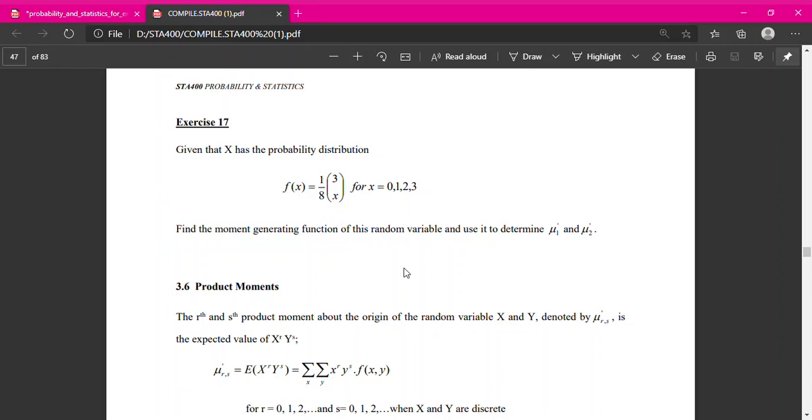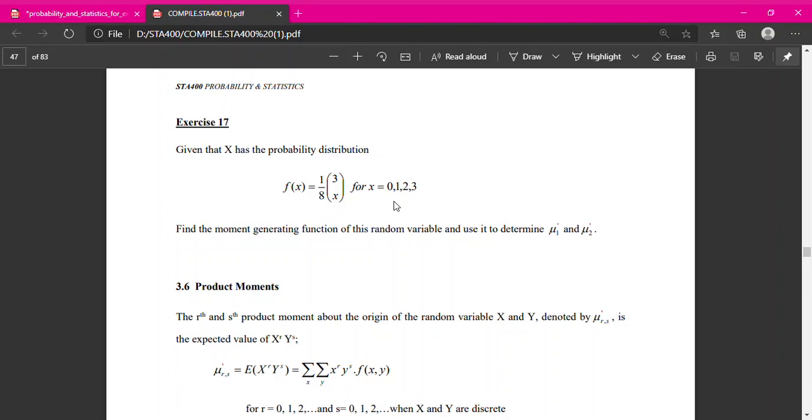If we have the general function of discrete PDF, then how to find the MGF of that function, of that random variable, and from there, from the MGF function, we can find the moment. Okay, so let's see, this is the function for a discrete.